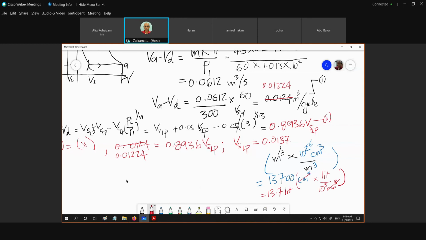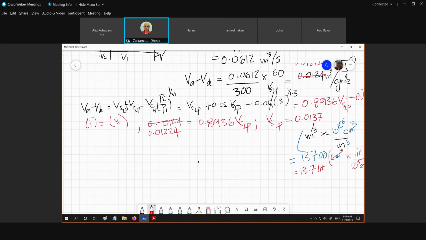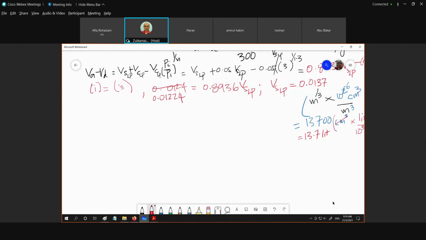Kalau soalan tanya, what is the volumetric efficiency? Apa jawapan dia? Katakan saya tambah soalan ni ya. Get the volumetric efficiency.